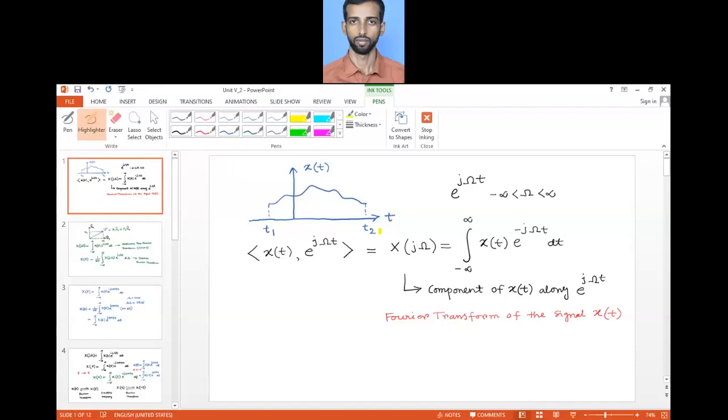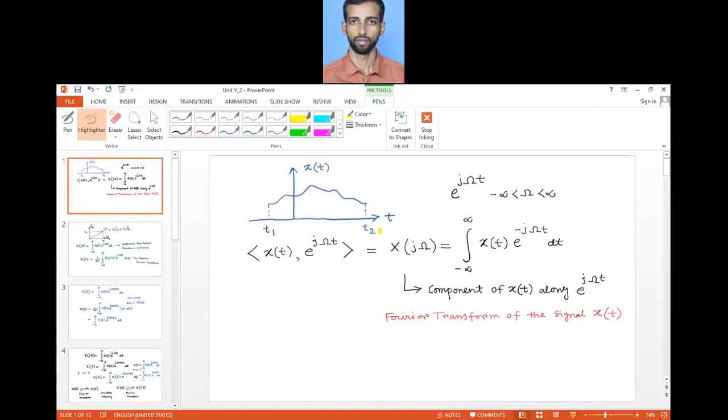While we have discussed the notion of the vector space representation of signals, we have mentioned that for a periodic signal, a signal having a fundamental period of say T naught, there could be a number of frequency components present within that particular signal, which are known as the fundamental as well as the harmonics of the signal.